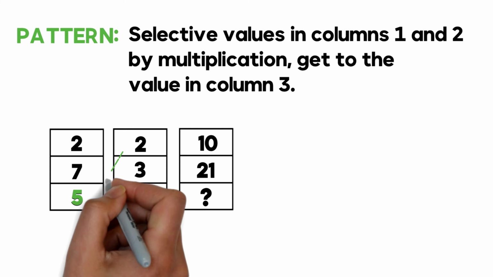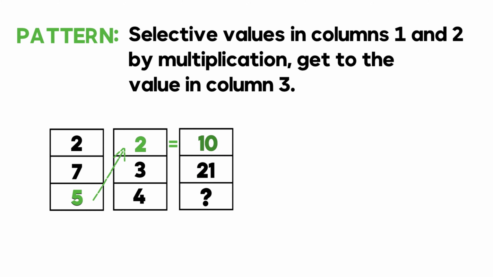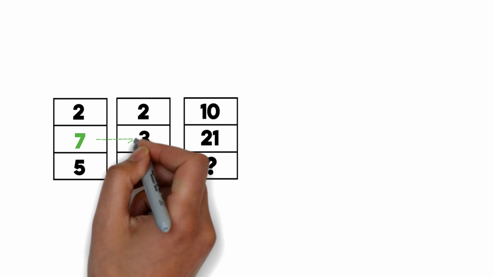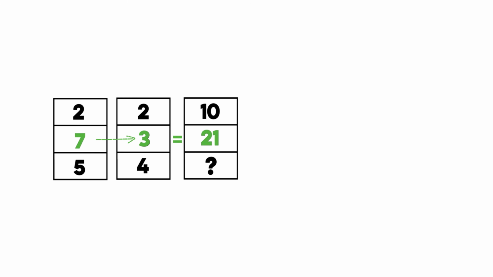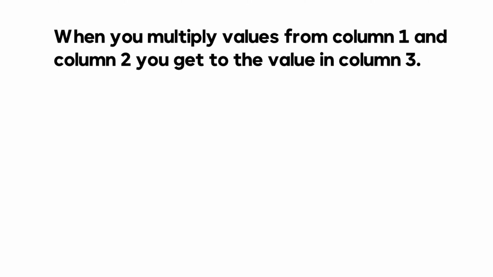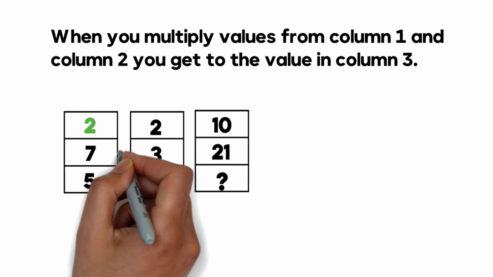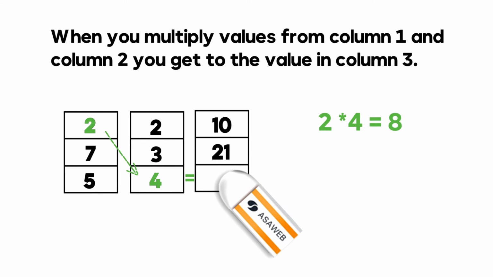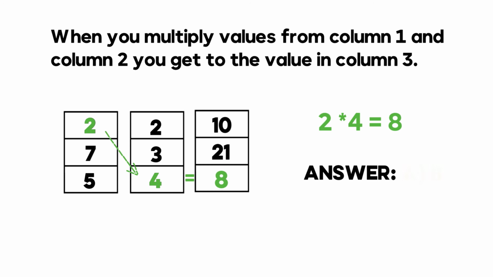Let's take a closer look at the values that are already present. If we multiply 5 by 2, we get the value of 10. The second set of values is represented by the middle row. 7 multiplied by 3 equals 21. So the missing value here can be calculated by multiplying 2 by 4, and the end result would be equal to 8. So the correct answer to this problem is choice A, 8.